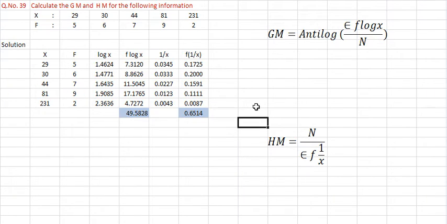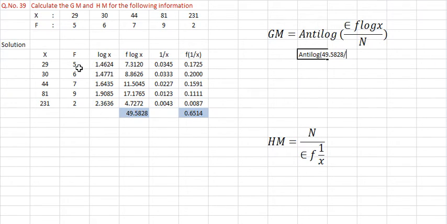So I think it is clear. Now we will move to the answer. Equal to, nt log equal to summation of f log x. How much summation of f log x here is? 49.5828 divided by, what is n?